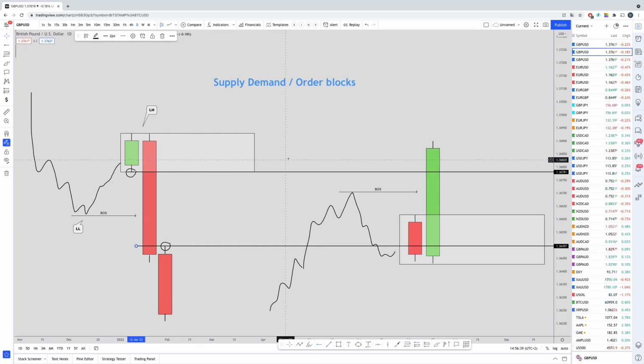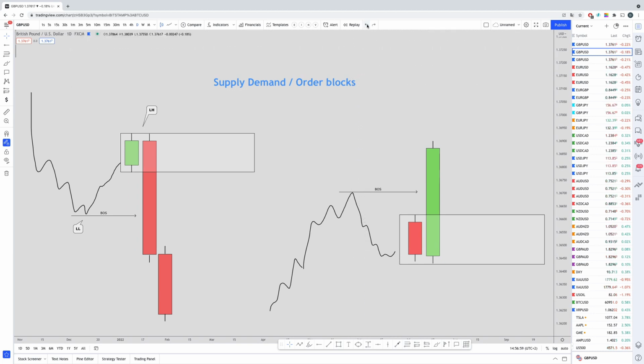Market inefficiency sounds for me a much better name. Gap is easier for us to understand because price has created here a gap. So these two wicks are not meeting with each other. And what does that tell us? So this is super important.